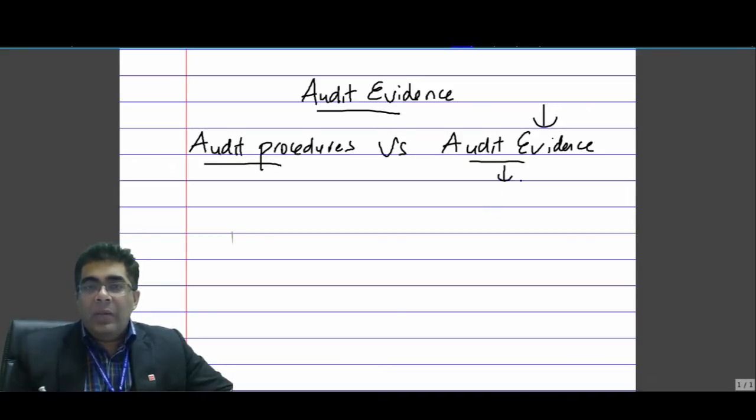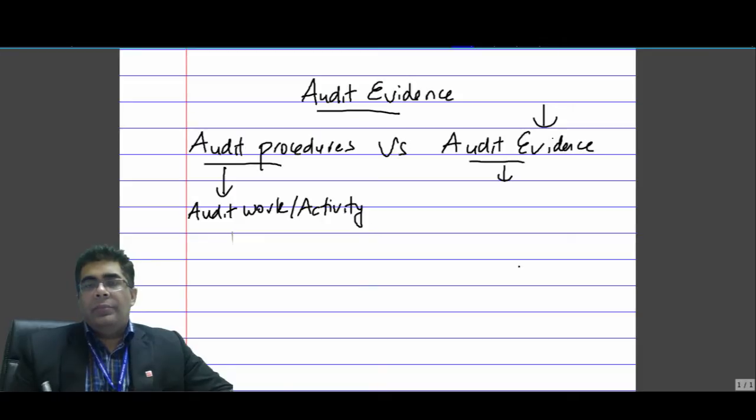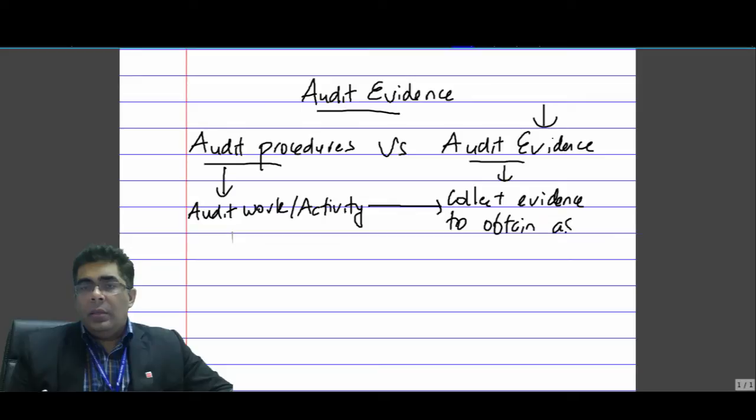But how they collect the evidence is through performing audit procedures. So an audit procedure is the audit work or the activity, which is used to collect evidence to obtain assurance for an assertion.